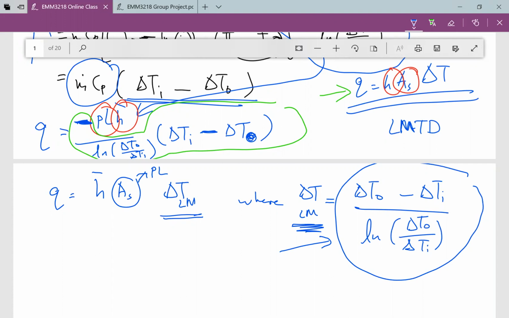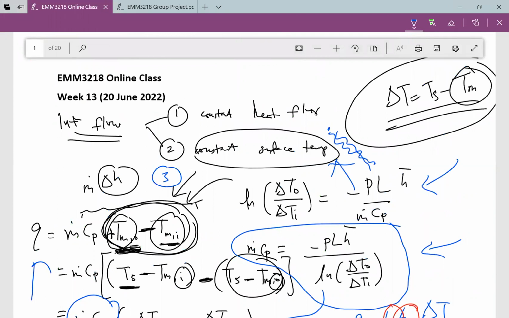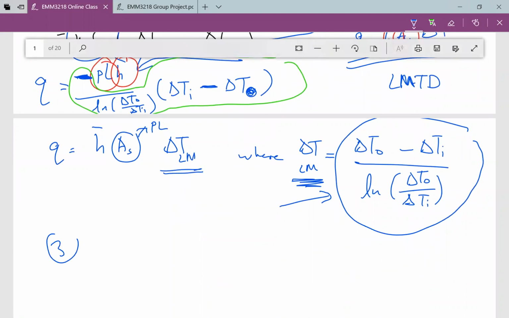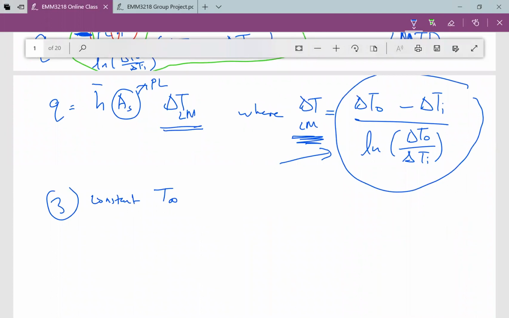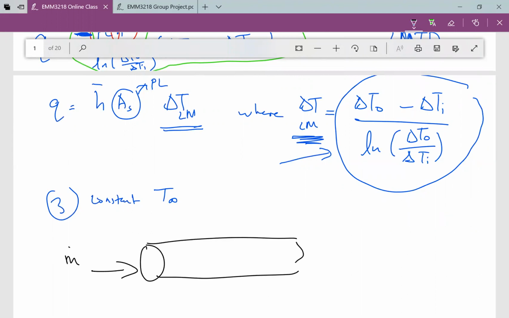Actually, there's a third case. This is 1, 2, there's a third case. Let me talk about that. This is when you have a constant T infinity, which is the temperature of the surrounding. So this is the case when you have your internal flow, your pipe. So that's a fluid going in with a certain mass flow rate, convection coefficient, and then this has a length.